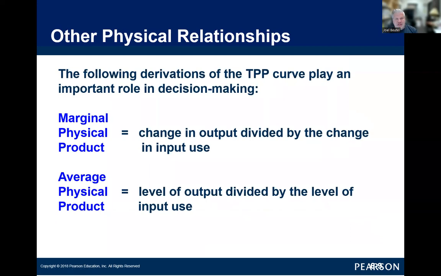So defining those terms in 3 and 4, once again, marginal physical product is the change in output divided by the change in the input used. And average physical product is going to be a point estimate, and it's just the level of output divided by the level of input.